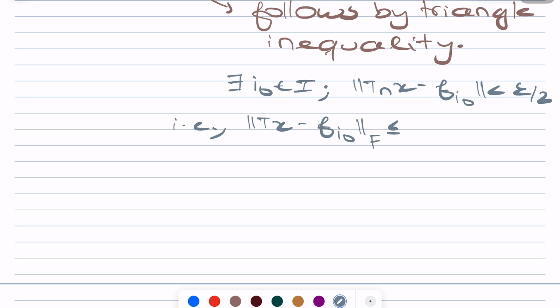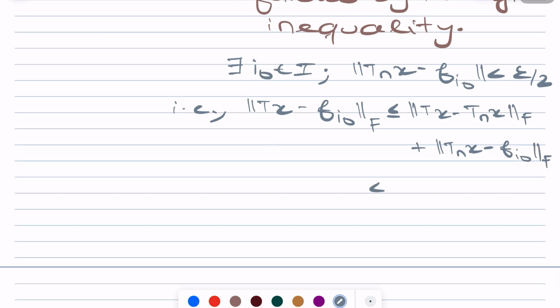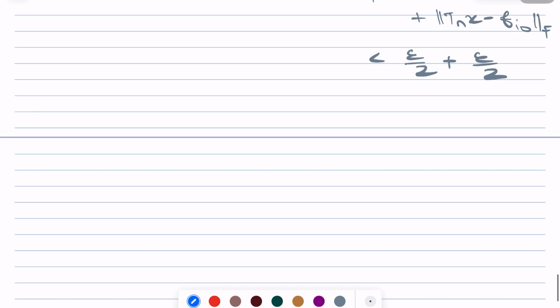So by the triangle inequality, if you insert T_n, this is less or equal than the norm of Tx minus T_n x in F, plus the norm of T_n x minus f_{i_0} in F. And then this, of course, is strictly less than epsilon over 2 plus epsilon over 2, because you can bound the first term by the operator norm and so on. So with this, we are done with the proof of this first theorem.